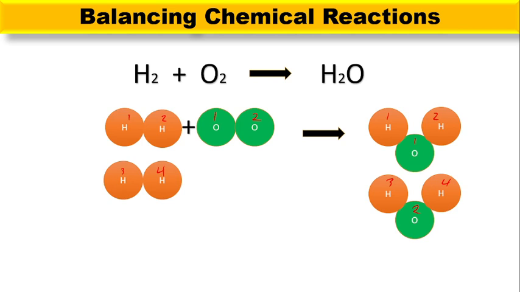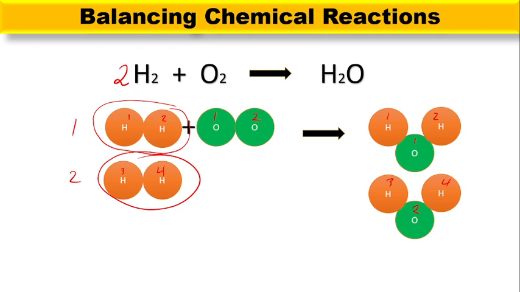Then we start to do some accounting. How many H2s did I use? We count them. This is one H2 and this is another H2. So I've used 2 H2s. I put a 2 here. How many O2s did I use? I only used 1. Remember, when I ask how many O2s did I use, I say the molecule, not the atom. There are 2 oxygen atoms, but there is 1 molecule of oxygen which exists in nature as a diatomic element.